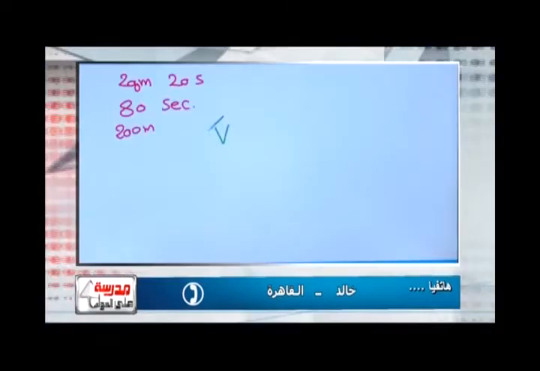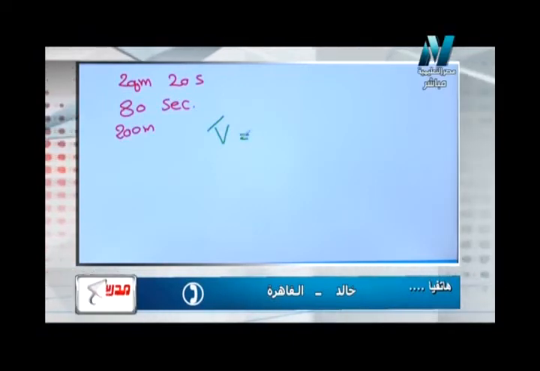The question here is what? The average speed. الافريج سبيد هتبقى total distance covered over total time taken.